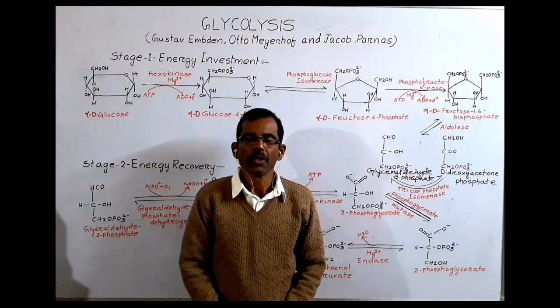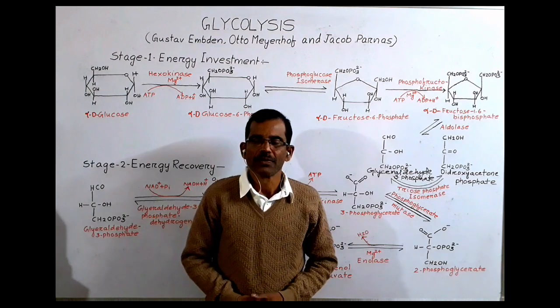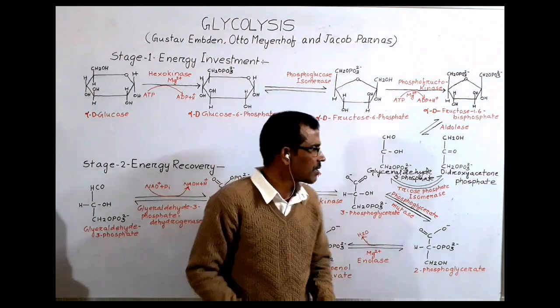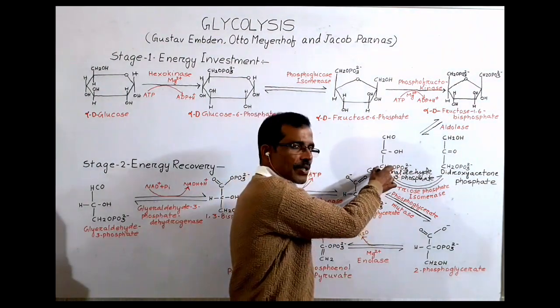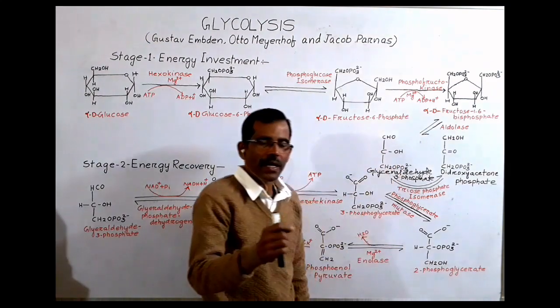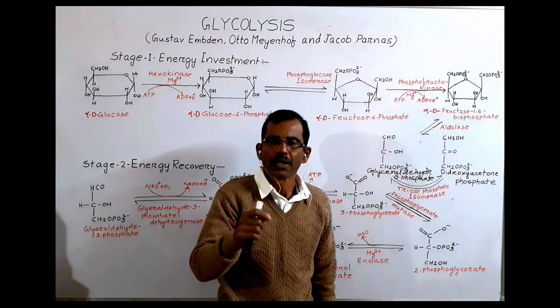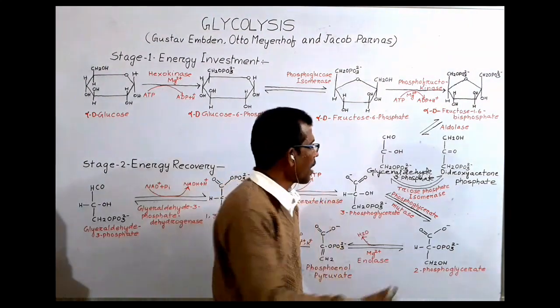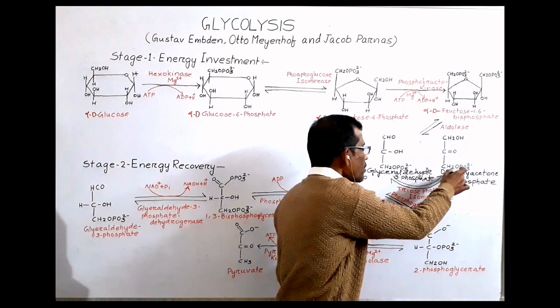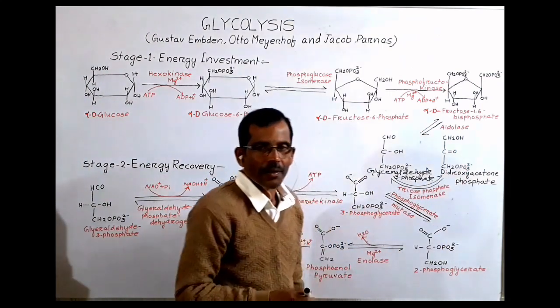Step 5. Only one of the products of the aldol cleavage reaction, that is glyceraldehyde 3-phosphate, can be degraded directly by the subsequent reactions of glycolysis, whereas the other product, dihydroxyacetone phosphate, cannot.